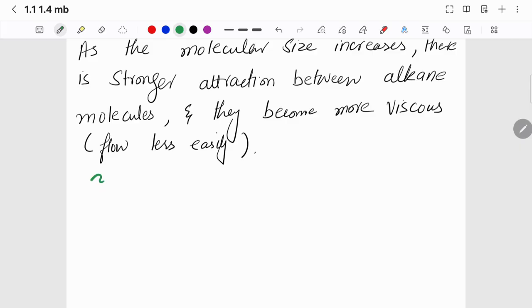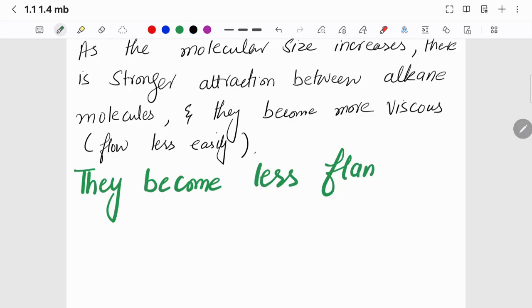The last one is they become less flammable.